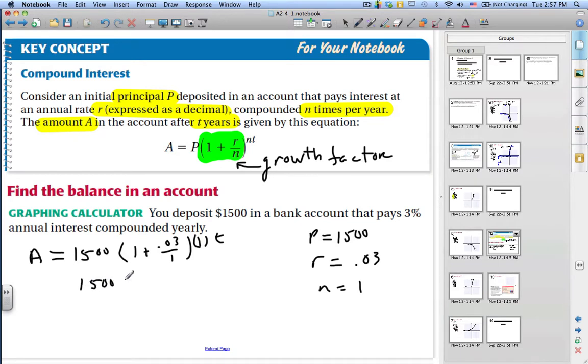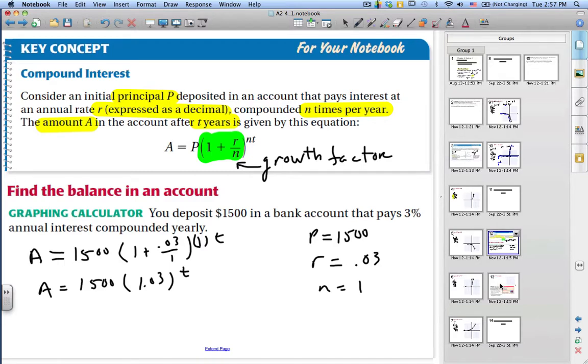So this will be 1,500, 1.03, that's my growth factor, to the t power. Okay, so now I can use this function to find the value of the account in any given year after my initial deposit. Okay, so this is the basic idea we're going to be working with.